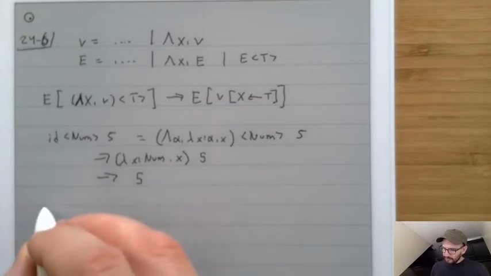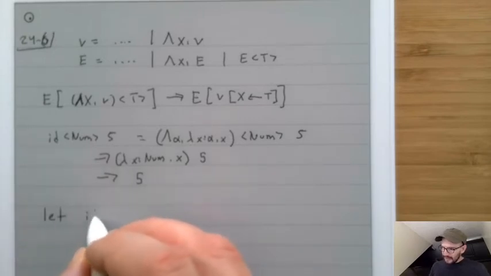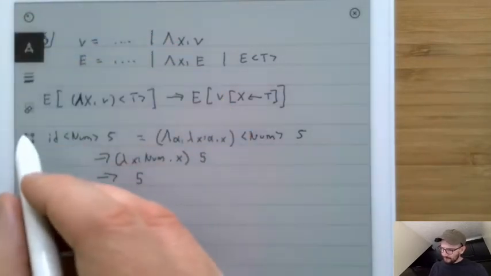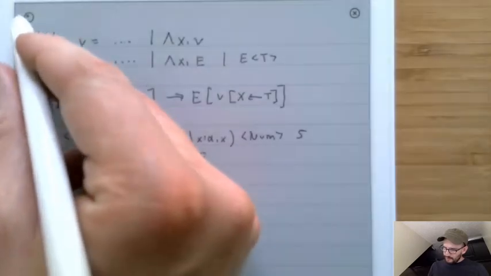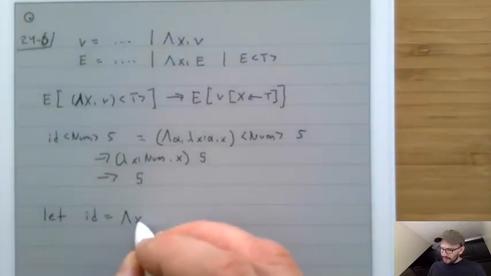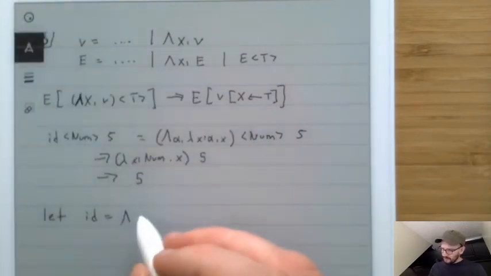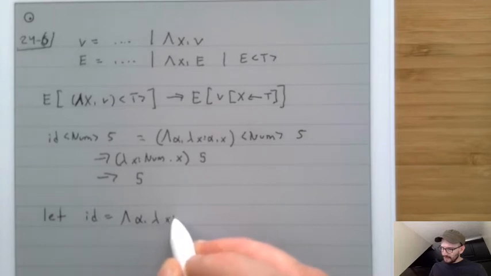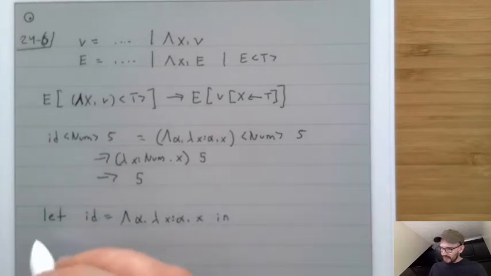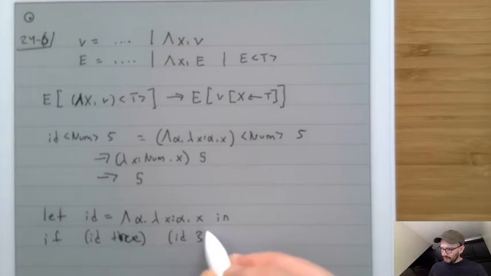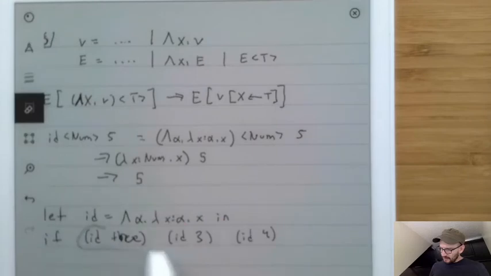So imagine we wrote this program. We wrote let ID equal big lambda alpha, lambda x of alpha x in, and then we wrote if ID true, ID 3, ID 4, and I just realized that I made a big mistake because I've got to actually apply these.